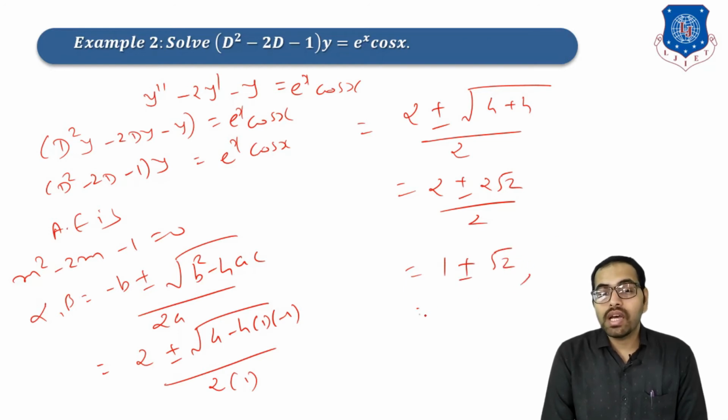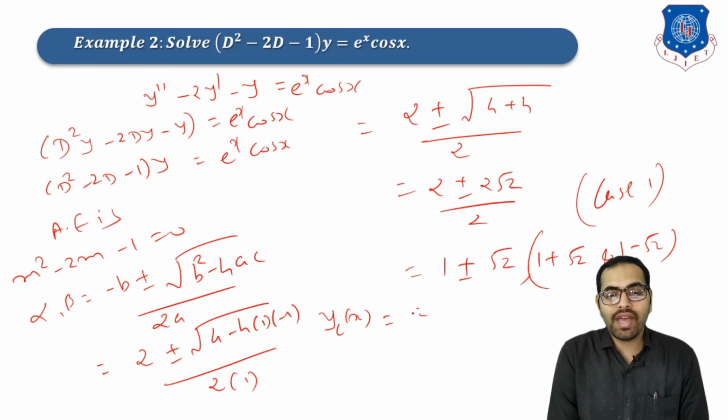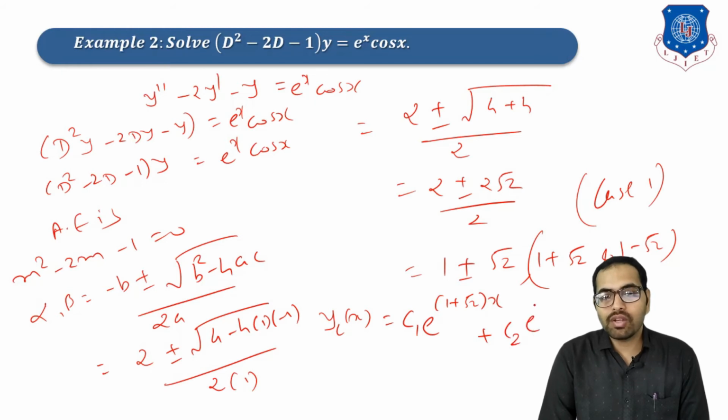Here our factors are 1 plus root 2 and 1 minus root 2, so apply case 1, factors are real and distinct. Then yc of x equals c1 e raised to (1 plus root 2) x plus c2 e raised to (1 minus root 2) x, where c1 and c2 are arbitrary constants.